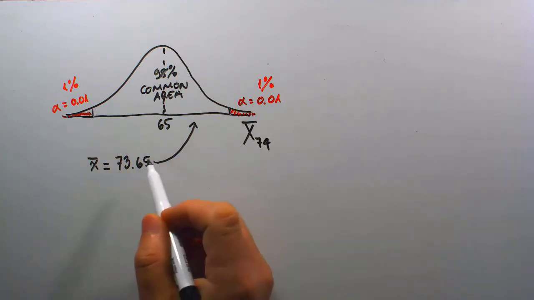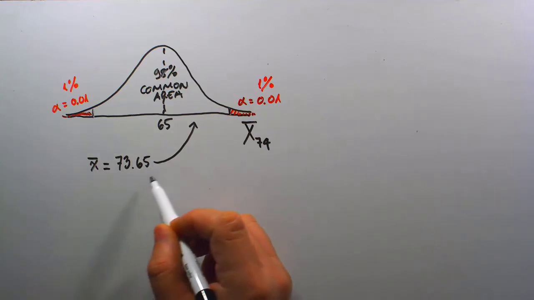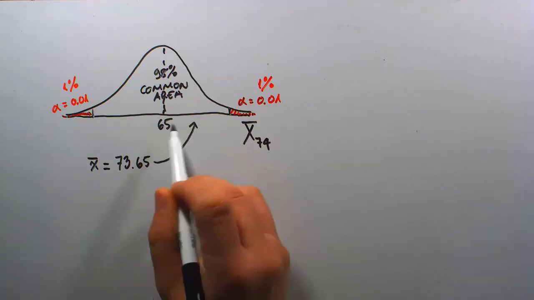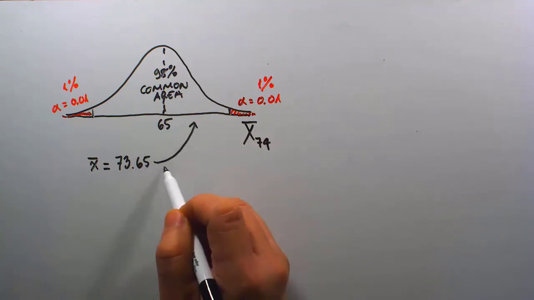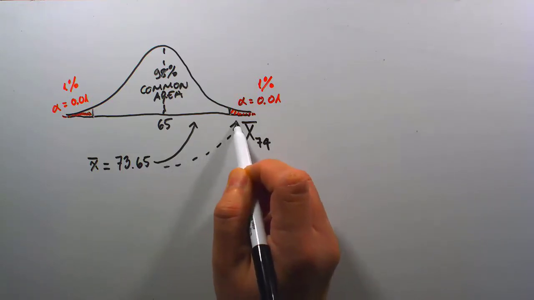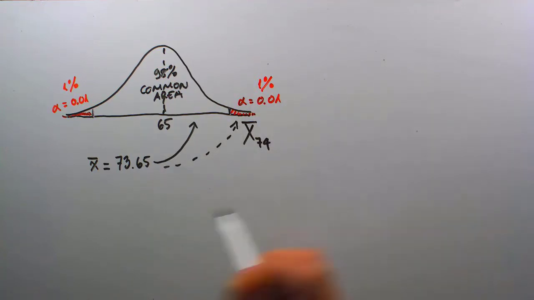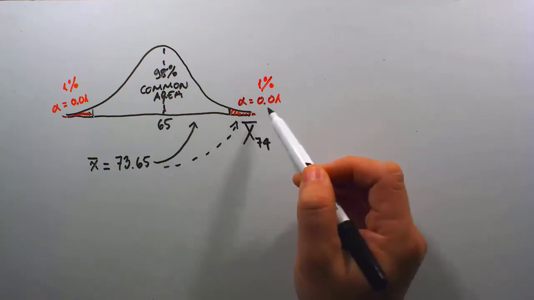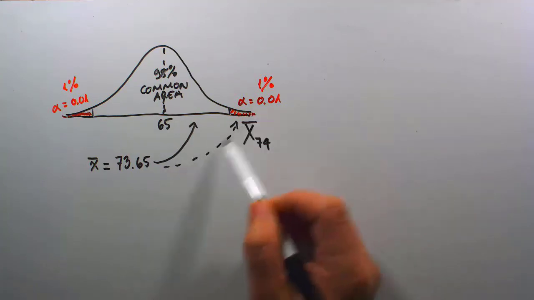However, we're interested in finding out whether this sample is high enough, to the right hand side of 65 of course, but far enough so that it would fall into this 1% unlikely area to the right hand side. Recall that this red area is the significance level given, but we refer to that as the unlikely area.